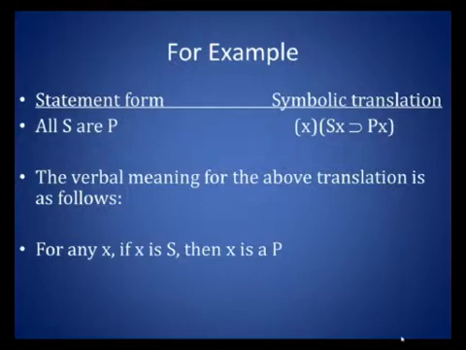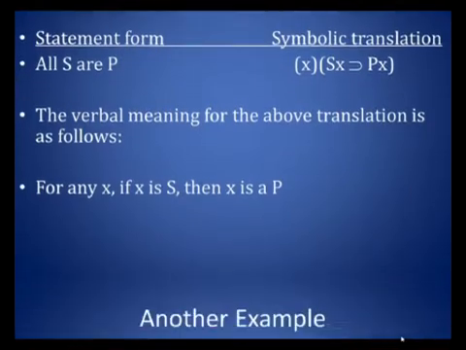It says all S are P. So when we quantify it by putting the universal quantifier of x in front of the statement, what we're saying is for any x, if x is S, then x is P. Or alternatively, you may say for all x, if x is S, x is P.